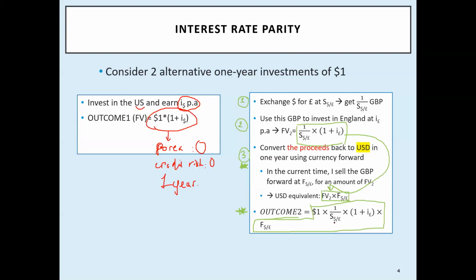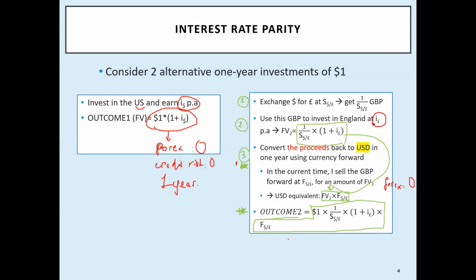With the second investment, as we mentioned before, after step 3 we essentially remove any foreign exchange rate risk, so for the second investment my foreign exchange rate risk is also 0. Let's look at the credit risk. In this case, I'm investing in the risk-free rate in England.